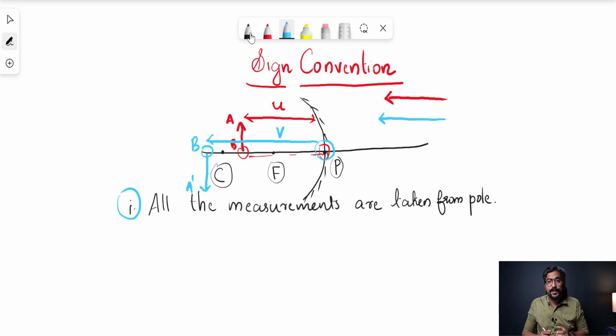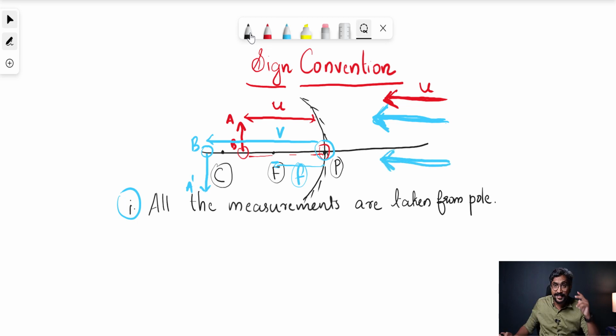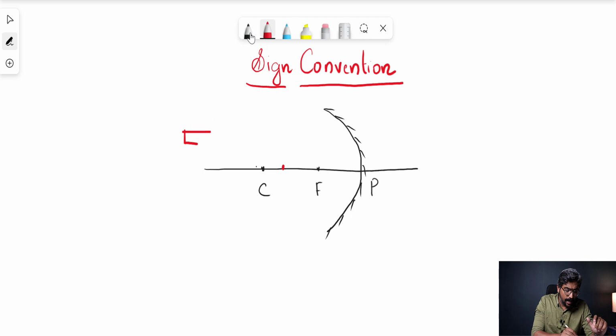If I want to find the focal length, then the distance from the pole to the principal focus is the focal length, and the direction of the focal length is also like this. In the case of object distance, the direction is like that. In the case of image distance, the distance is taken from the pole and the direction is like this. In the case of focal length also, the direction is taken from the pole.